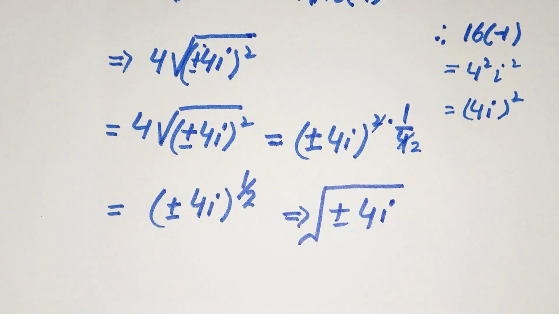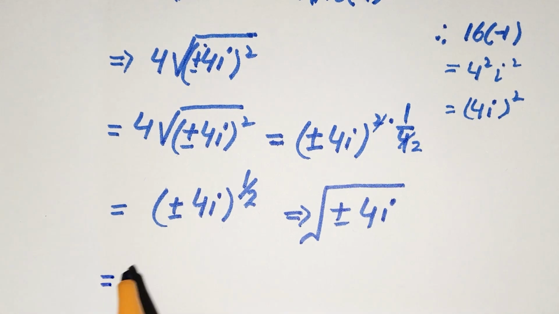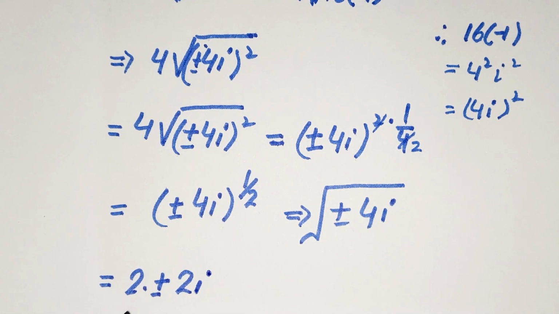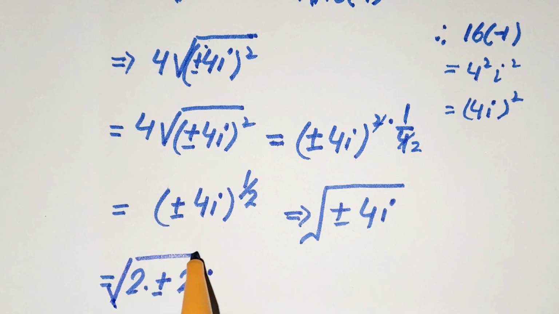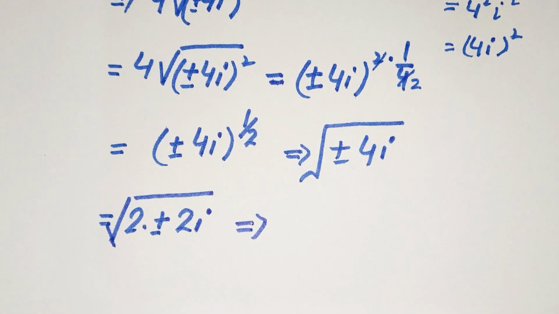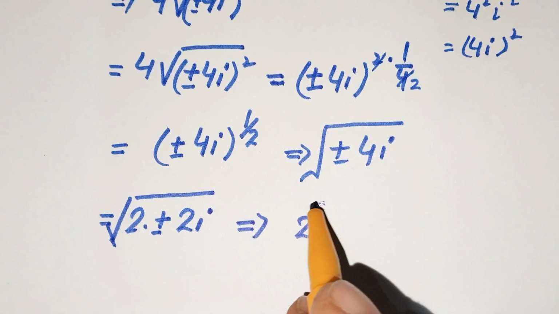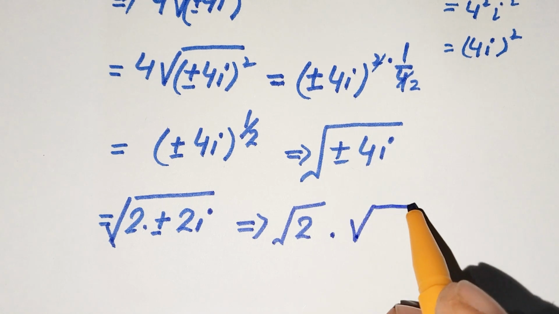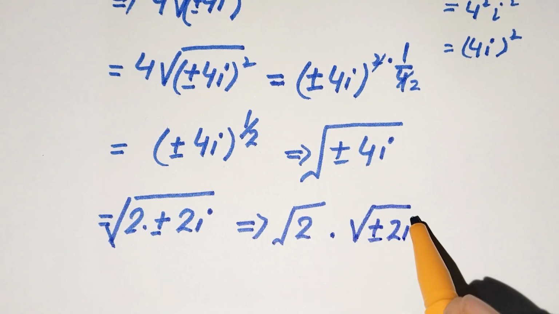So now 4i, if we write it as 2 times plus minus 2i, then 2 times 2 is 4, and here it is 2i under the square root. Separating this, we get the square root of 2 times the square root of plus minus 2i.